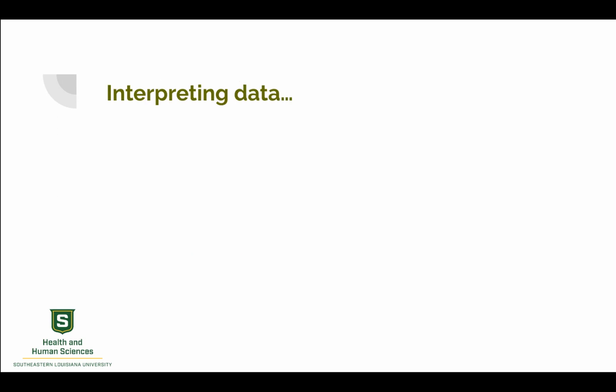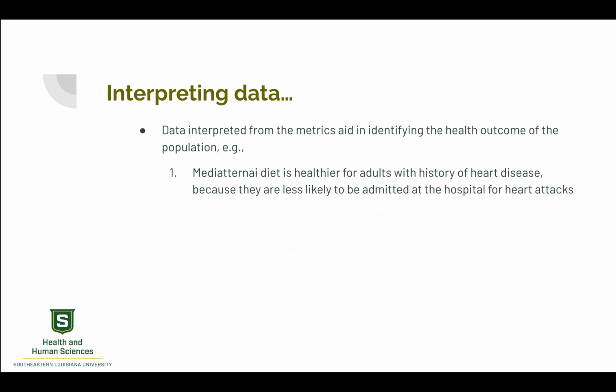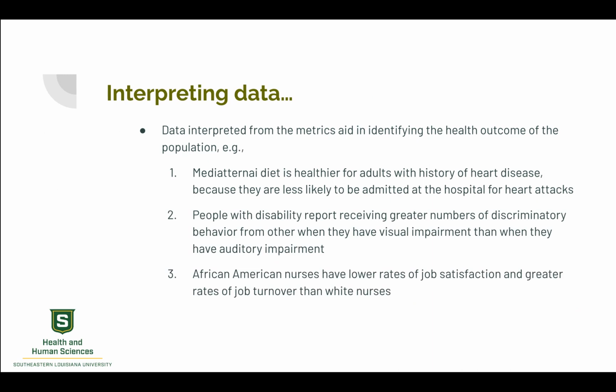And so when we have it all together, we then are able to make interpretations, and our interpretations help us in identifying what the health outcome of a population is. For example, with the Mediterranean diet, we can say, in order to avoid heart conditions or heart attacks, it's better for you to eat a Mediterranean diet versus eating a vegan diet, for example.